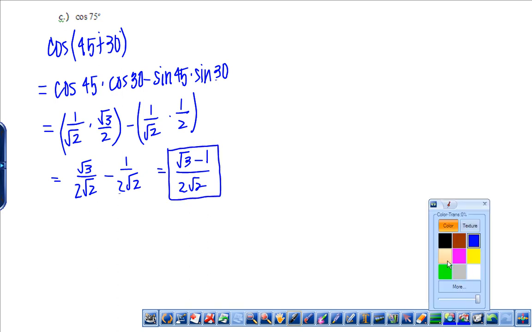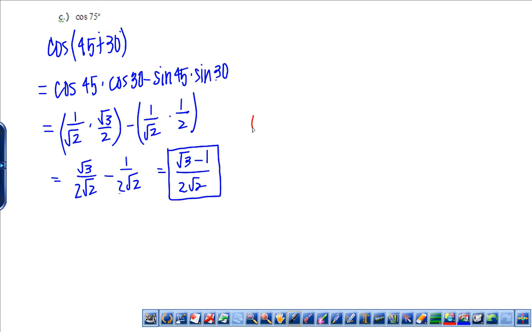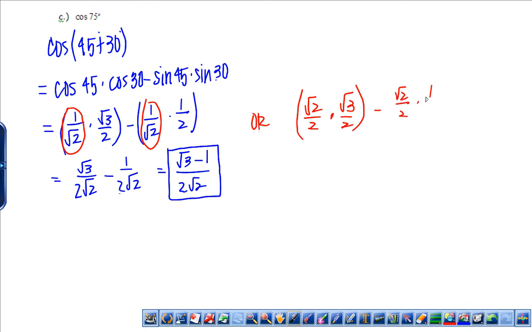Okay, for those of you who like to rationalize, the only thing that changes is this number right here, and I'm going to show you that. So rationalizing, this would be root 2 over 2 times root 3 over 2 minus root 2 over 2 times 1/2.